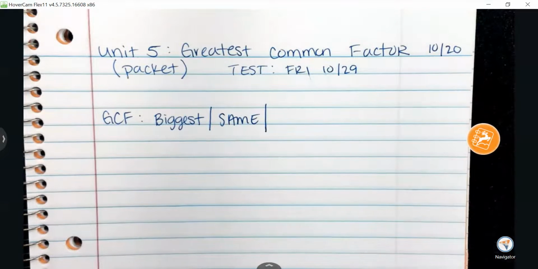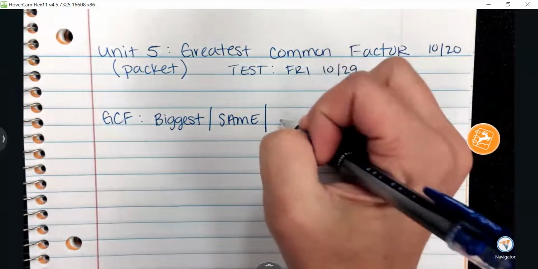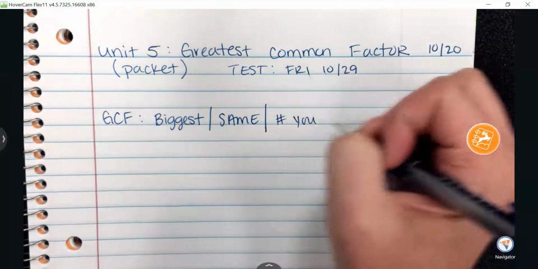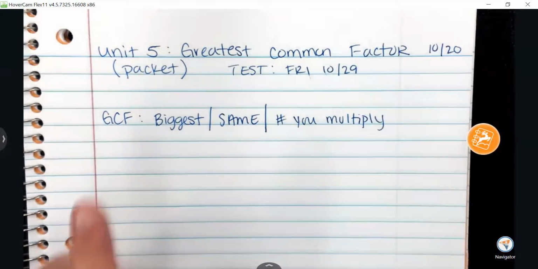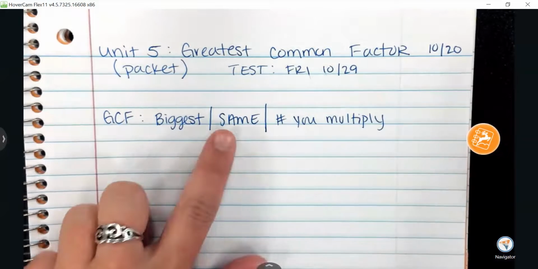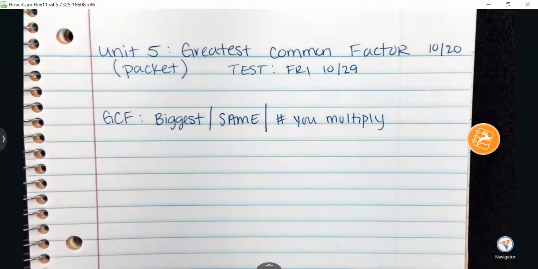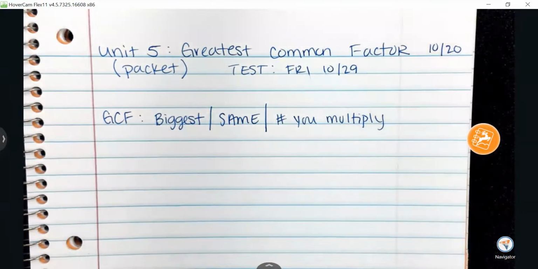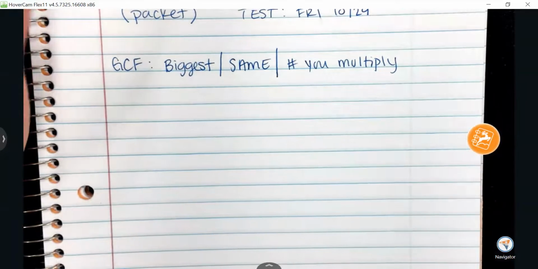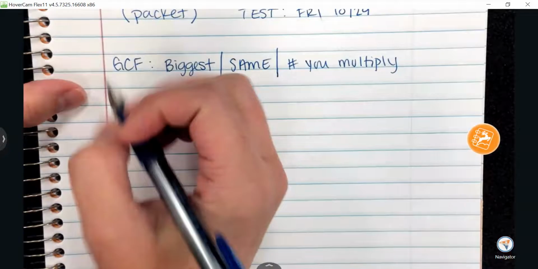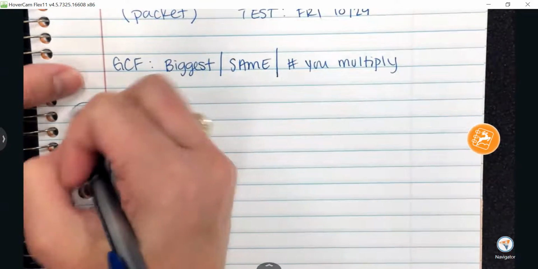And what's a factor? The things you multiply. So the greatest common factor is the biggest, the same number that you multiply. I'm going to show you how to break it down. If you don't need to break it down, that's fine. That's your choice, okay?